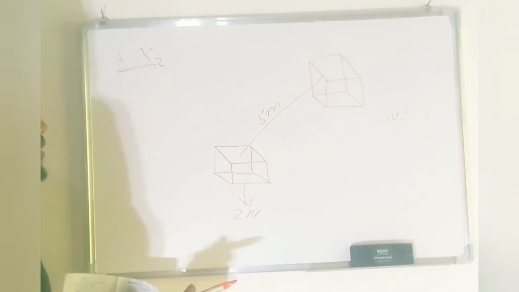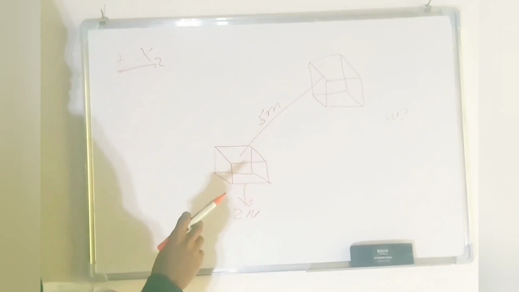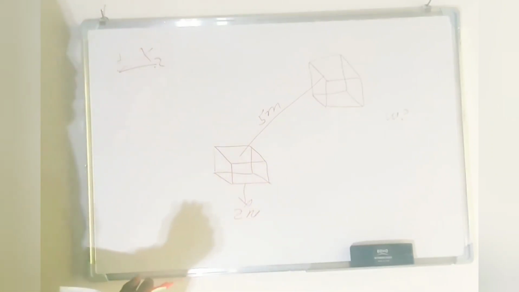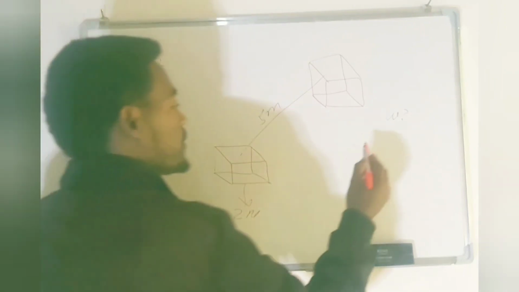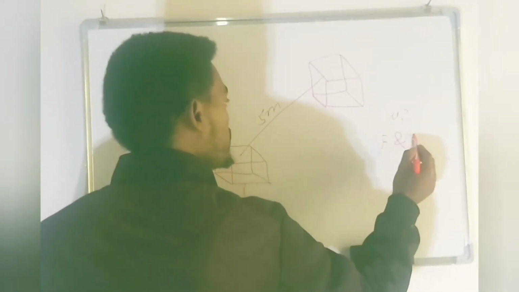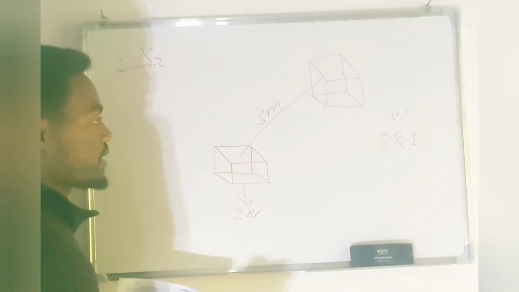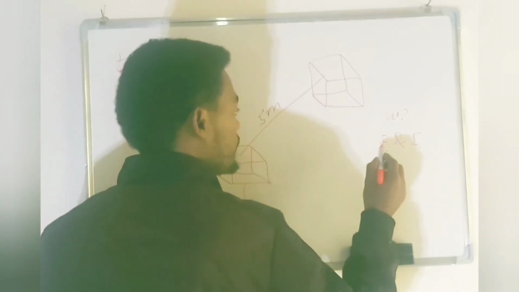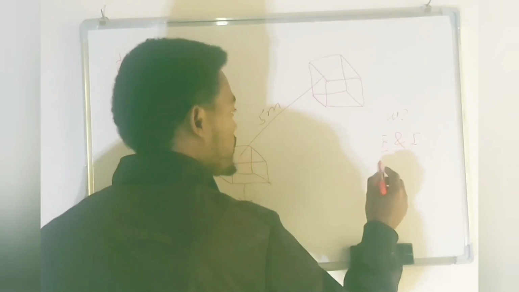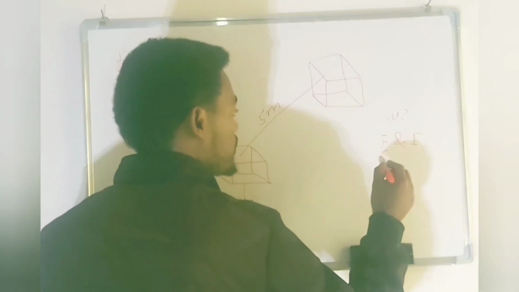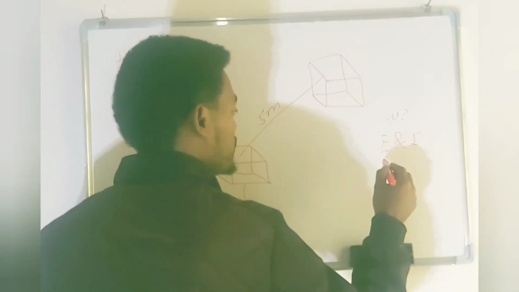To find the work done on this box, we should understand the force and displacement relation. Under force and displacement relation, we have said force and displacement should have the same direction.